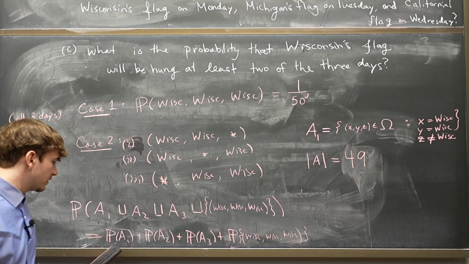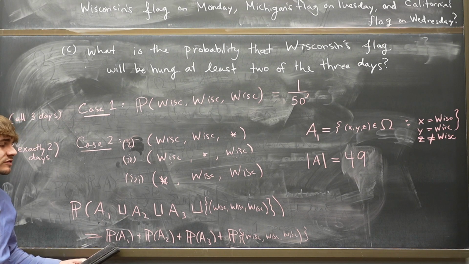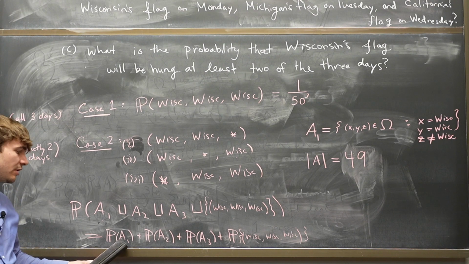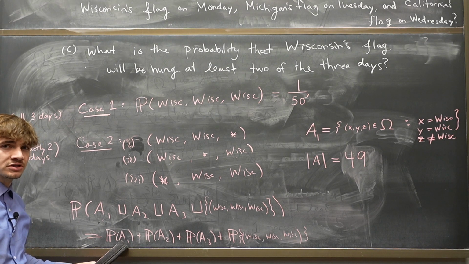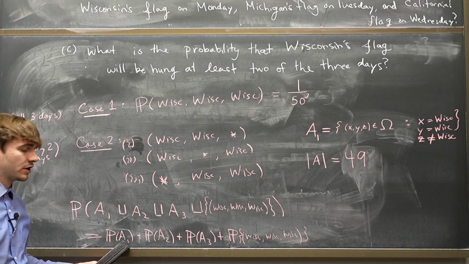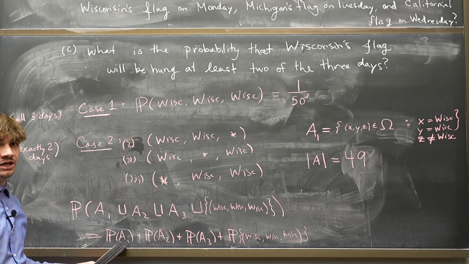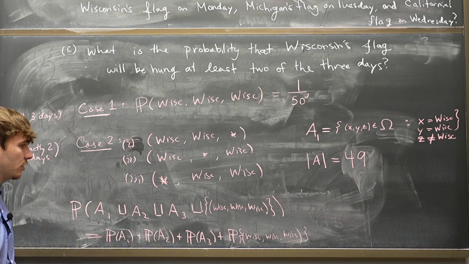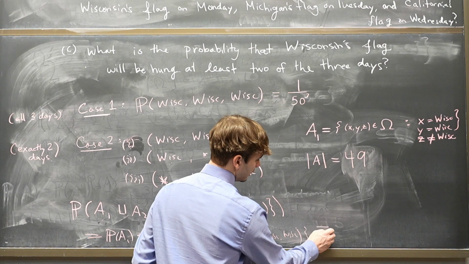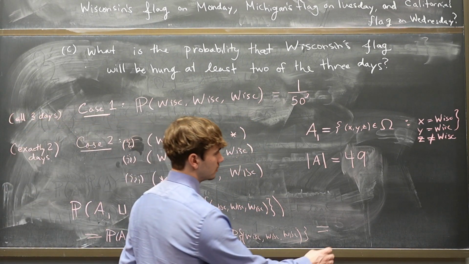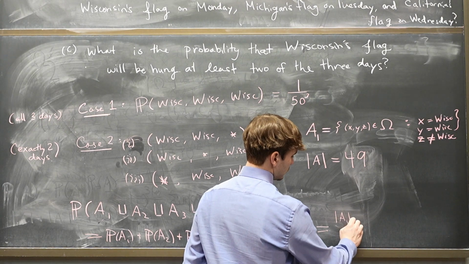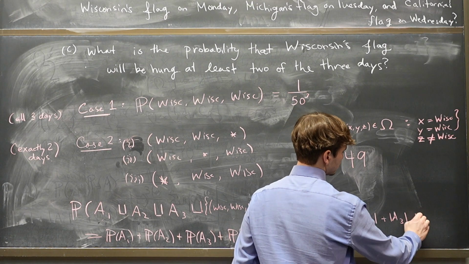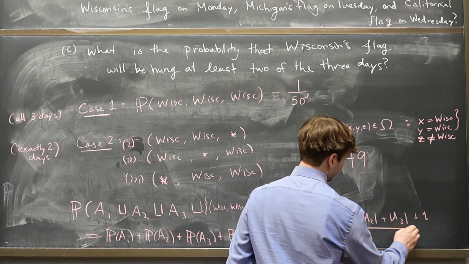Each possible outcome has a probability of 1 over 50 cubed, so the probability of an event is simply its cardinality divided by 50 cubed. Recall that the cardinality of a set is how many elements belong to that set. So we end up with the cardinality of A1 plus the cardinality of A2 plus the cardinality of A3 plus 1, all over 50 cubed.